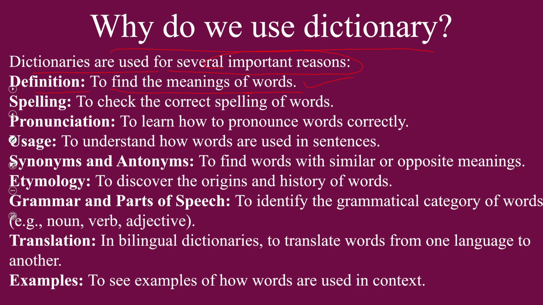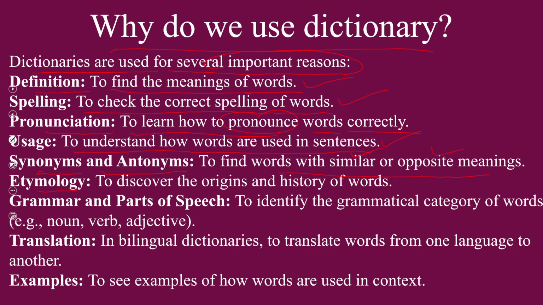Next is to check the correct spelling of words or pronunciation, to learn how to pronounce words correctly. Also, we use a dictionary to understand how words are used in sentences. We also can look for synonyms and antonyms of entry words or different words. So we find similar or opposite meanings.